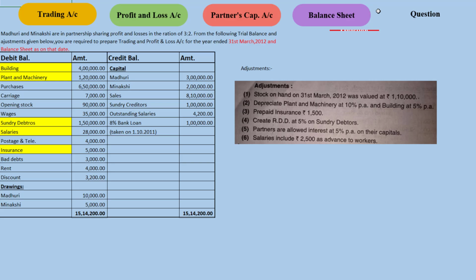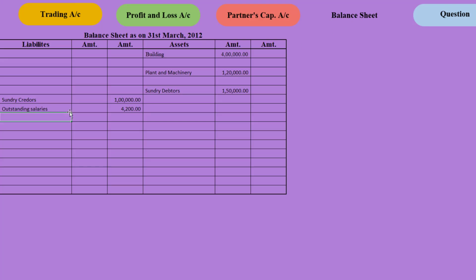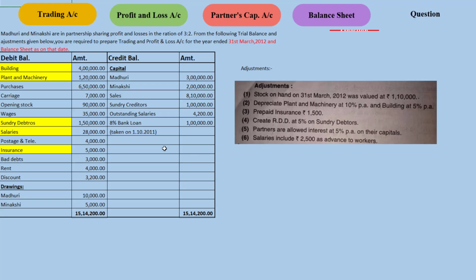8% bank loan 1 lakh. Hidden adjustment is there. 8% bank loan recorded in yellow column because hidden adjustment is there. See, hidden adjustment is the date.